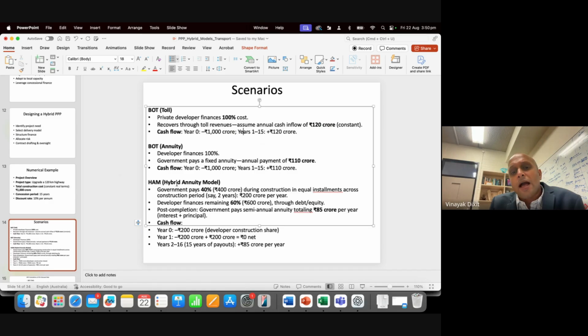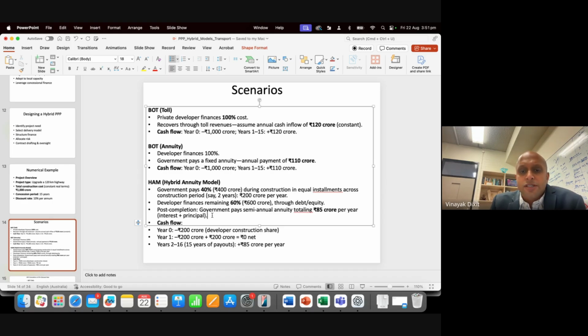And then there's a hybrid annuity model where the government pays 40%, that's 400 crores, during construction in equal installments across the construction period, right? So 200 crores per year. And the developer finances the remaining 60% through debt and equity. Okay, that's 600.